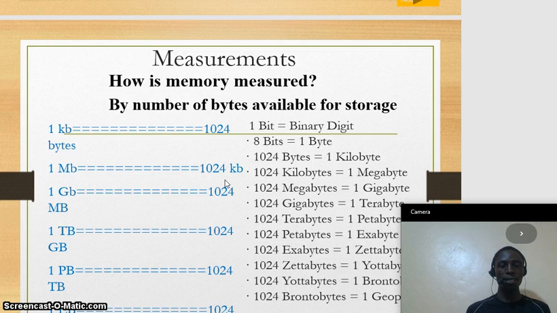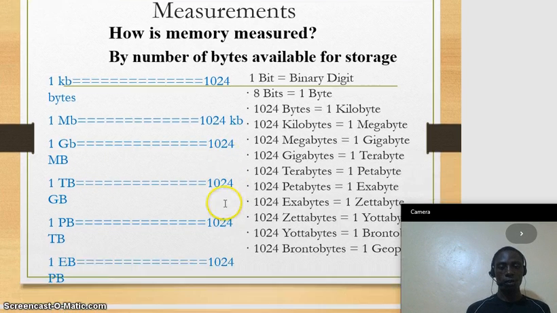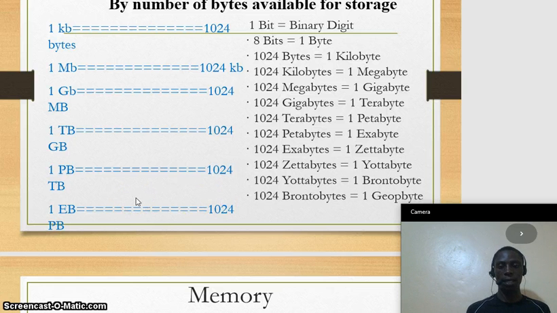So 1 MB is equivalent to 1024 kilobytes. Then 1 gigabyte is equivalent to 1024 megabytes. Then 1 terabyte is equivalent to 1024 gigabytes, and so on and so forth. As it goes like that, it increases.